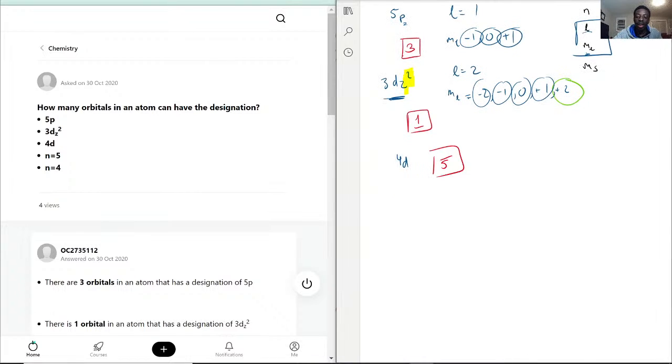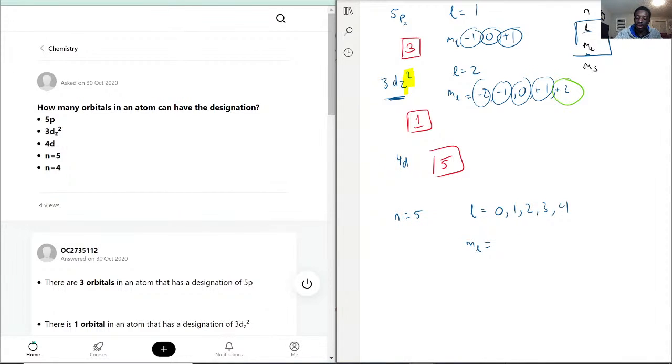Now, if n was equal to 5, L is going to be 0, 1, 2, 3, 4, making our ML now 0, -1, and so on.